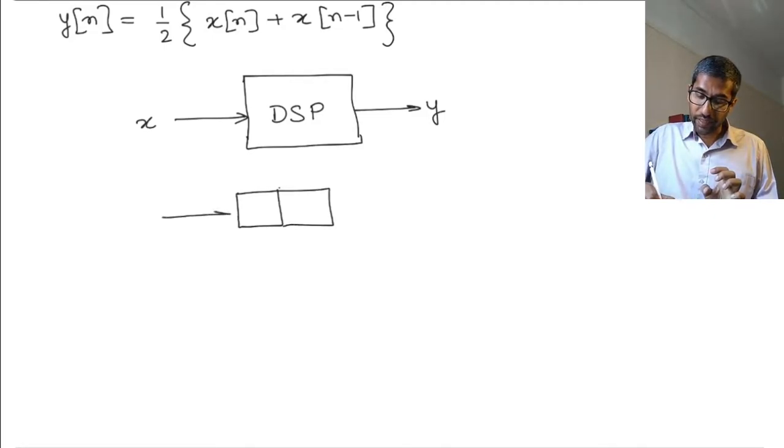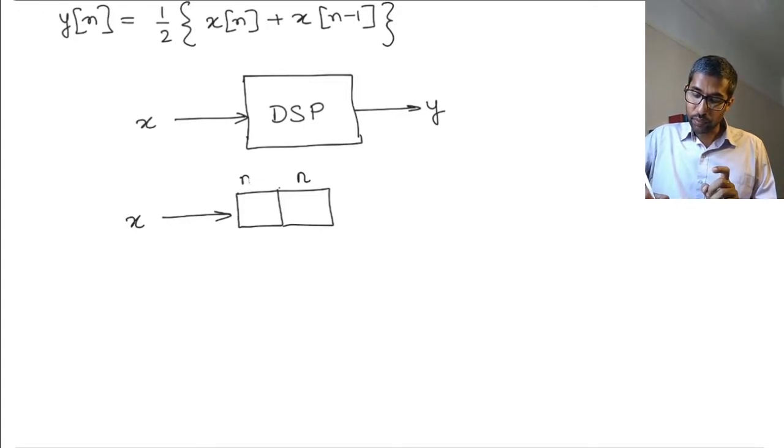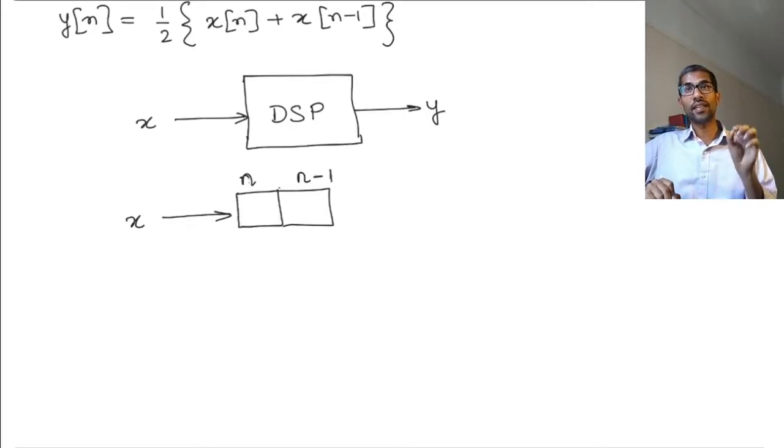So you have x[n] here and x[n-1] here. Actually it's going to be the opposite, wouldn't it? Because x is coming from this side, the present value is stored here at n, and the past value is stored at n minus 1.